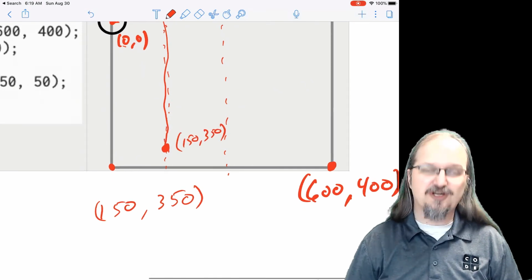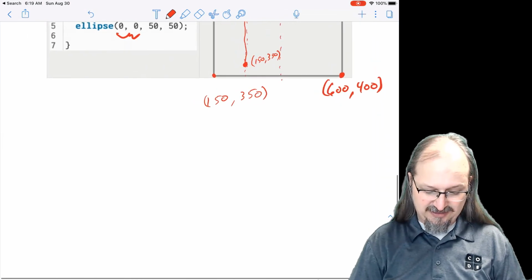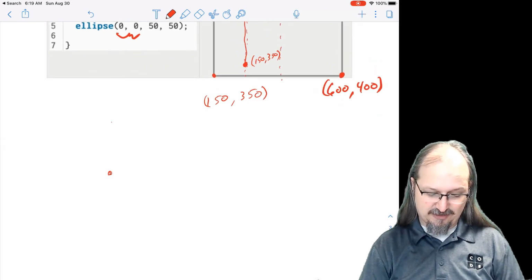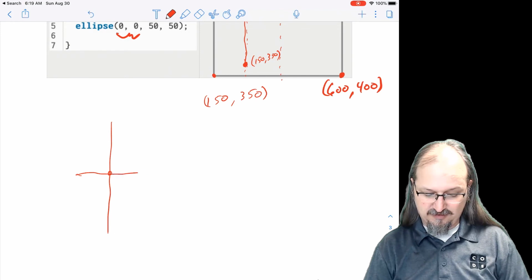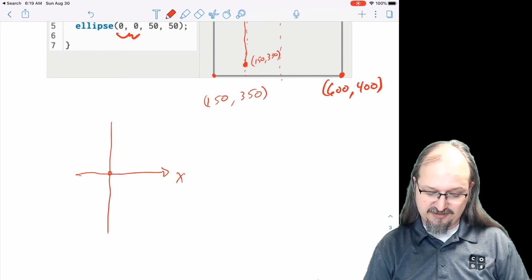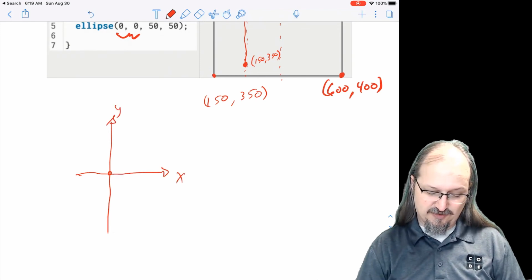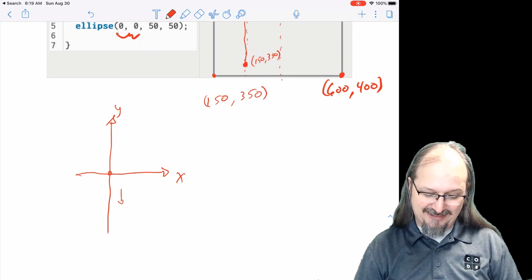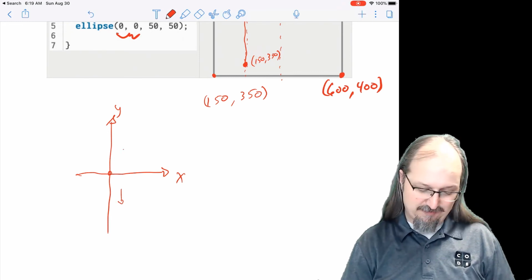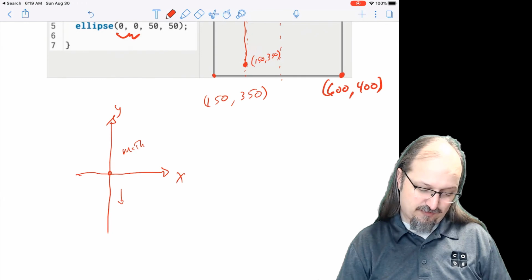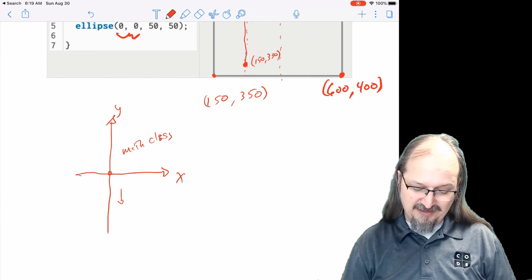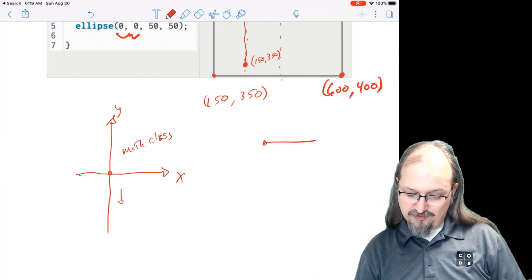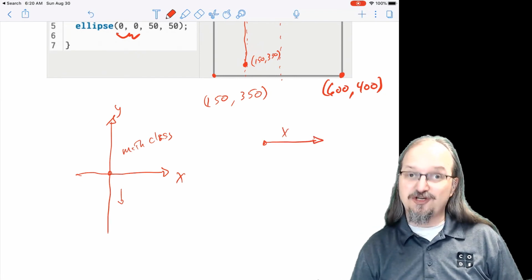So this is just like your coordinate plane in math class. In math class, however, we look like this, where x and y, and going down would be negative, that's not how it is. So in math class, this is our coordinate plane. In here, going to the right, x gets bigger just like it does in math class.